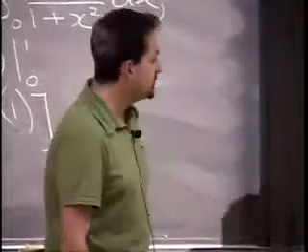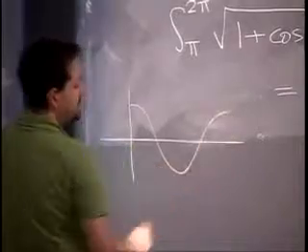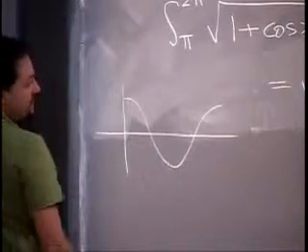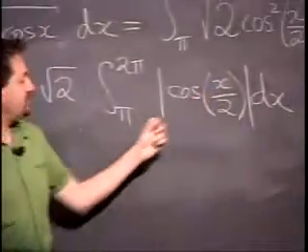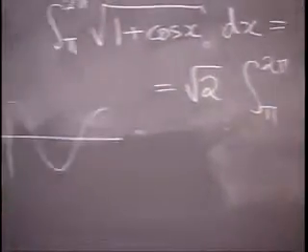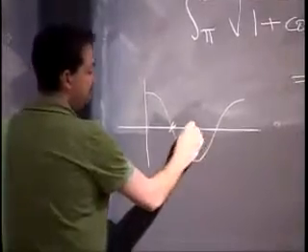Now, this is not so bad, because if you draw the graph of cosine x, it looks like this. Actually, the graph of cosine x over 2, if you think about it, we're going x from pi to 2 pi, so x over 2 actually goes from pi over 2 up to pi.